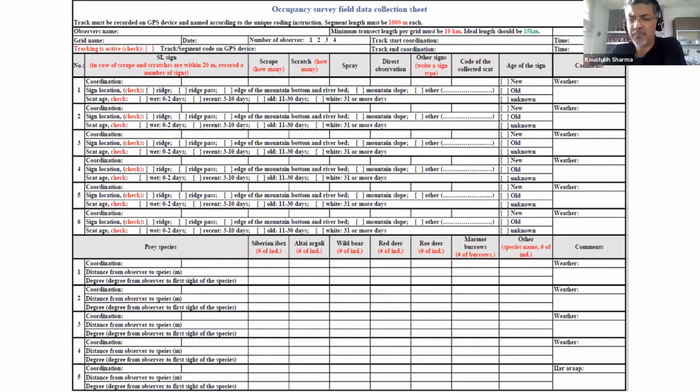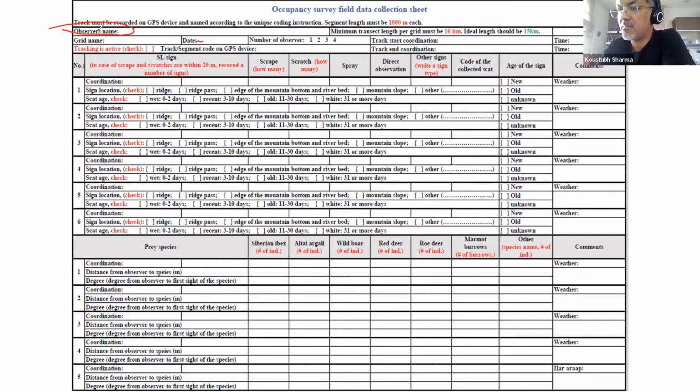It's just super annotated to make sure information isn't missed by a large number of observers who are out in the field. So, for example, if you look carefully here, the observer name over here, then you have grid name, you have date.